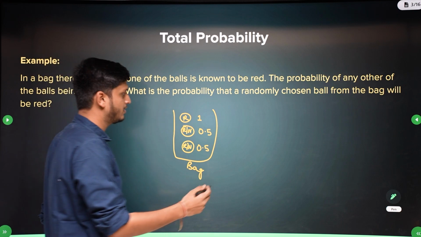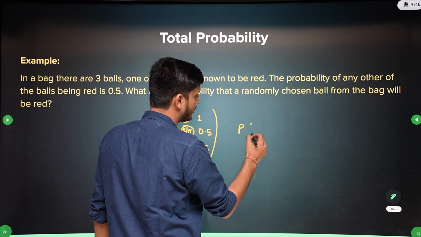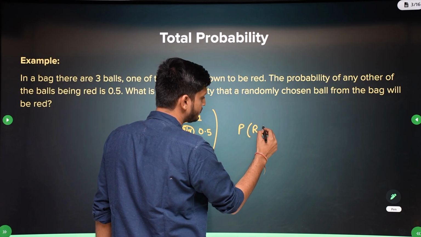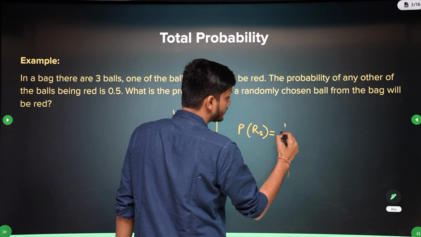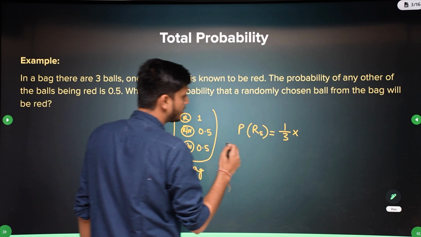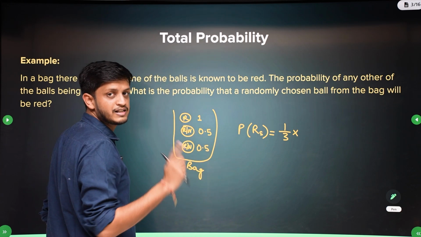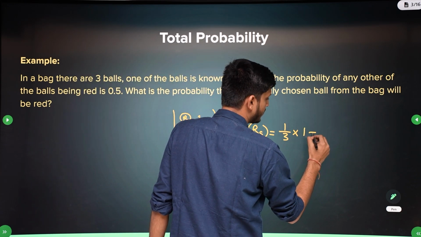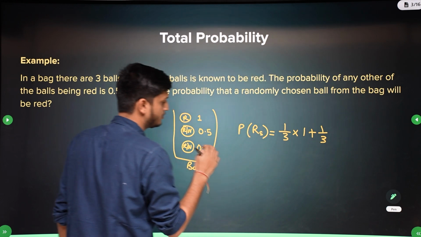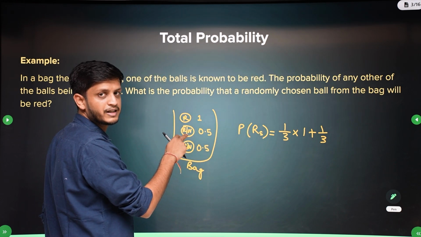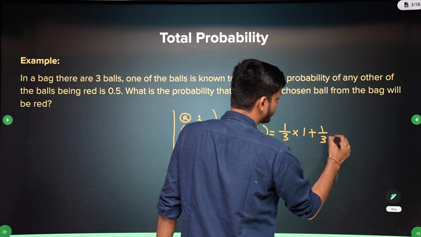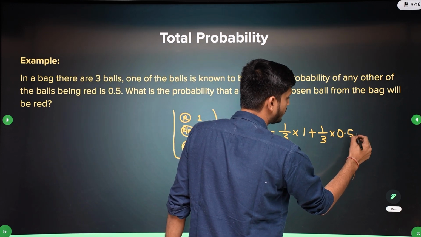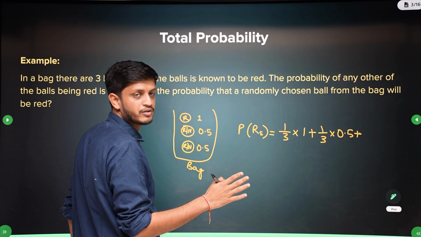Okay, total probability. So if you choose the first ball, the probability of choosing this ball is 1/3. Now if you choose this ball, the probability of the ball being red is 1. If you choose the second ball, the probability of choosing the second ball is 1/3. If you choose the second ball, the probability of it being red is 0.5. I'm not drawing the diagram, I'm directly applying the equation, okay?